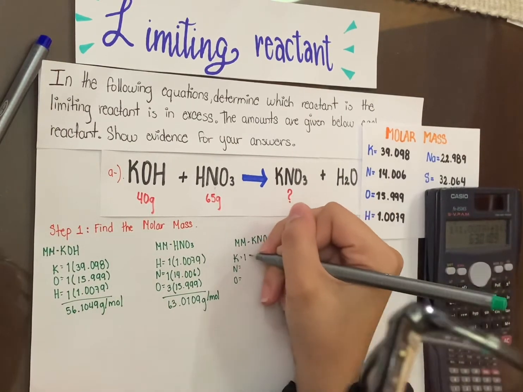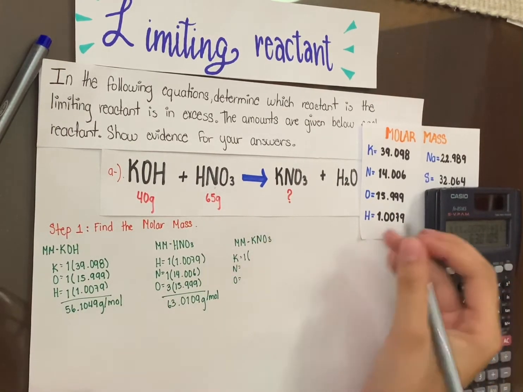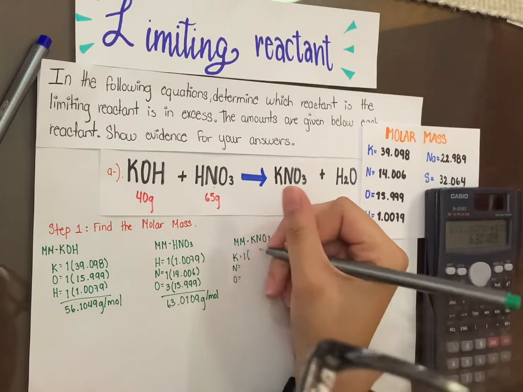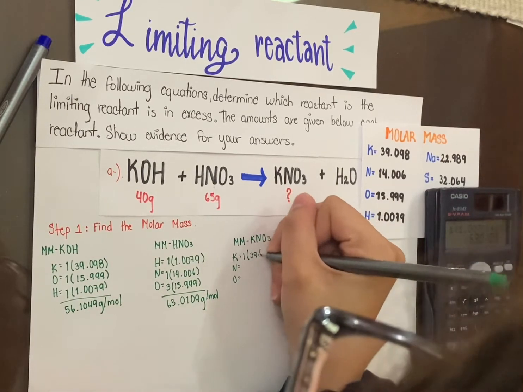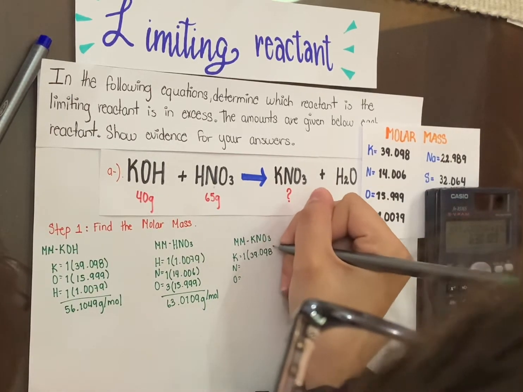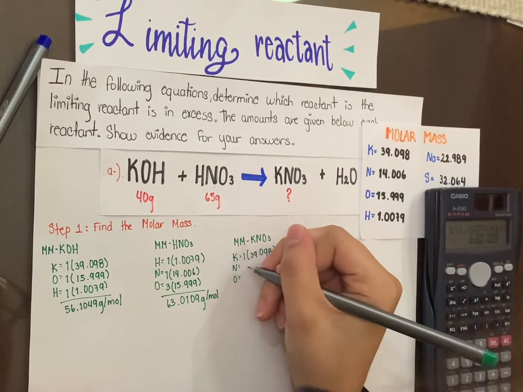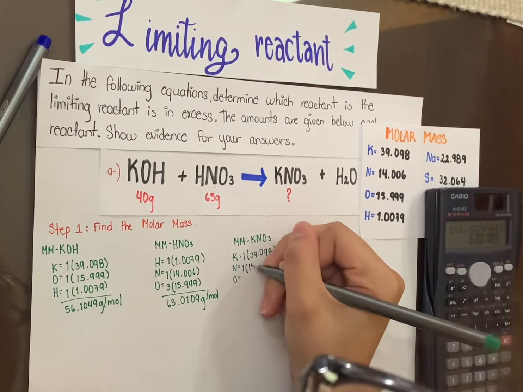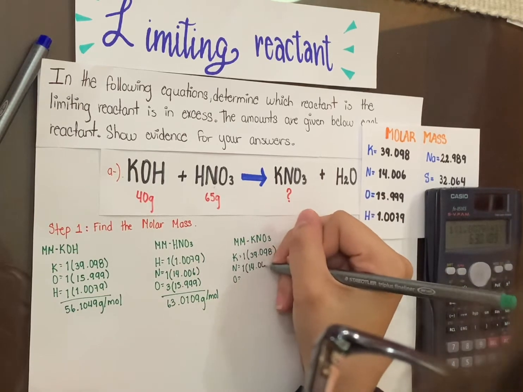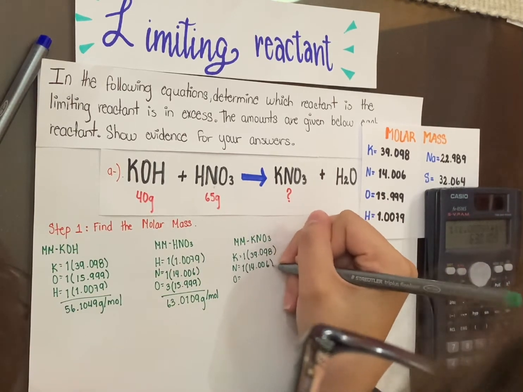Of potassium, I have one subscript, and the molar mass of potassium is 39.098. Of nitrogen, I have 1 and is 14.006.